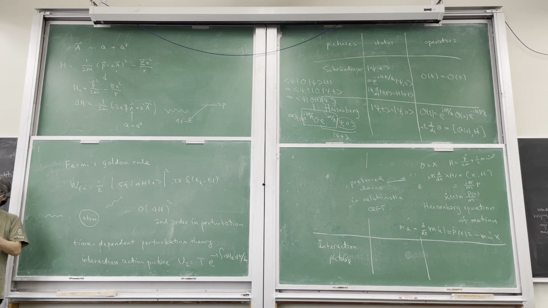So you pick the zeroth order Hamiltonian so that you can solve the problem. Then you know exactly how operators change as a function of time. So you introduce time dependence on the operator according to the zeroth order Hamiltonian. So this is the zeroth order Hamiltonian.